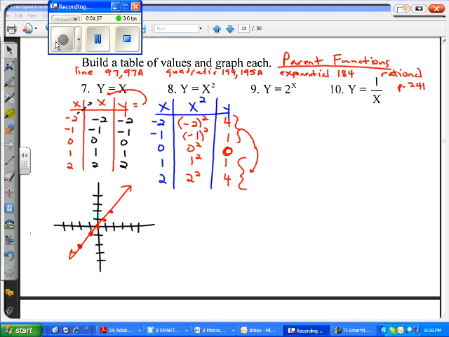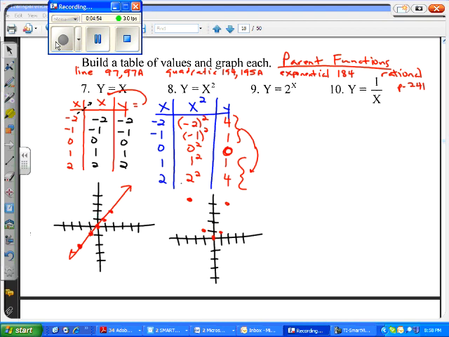And so we're going to graph. We have the points -2, 4, -1, 1, 0, 0, 1, 1, and 2, 4.